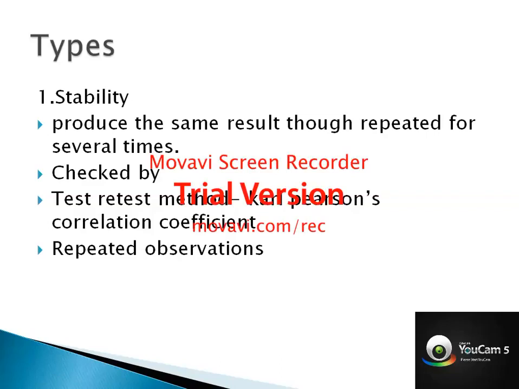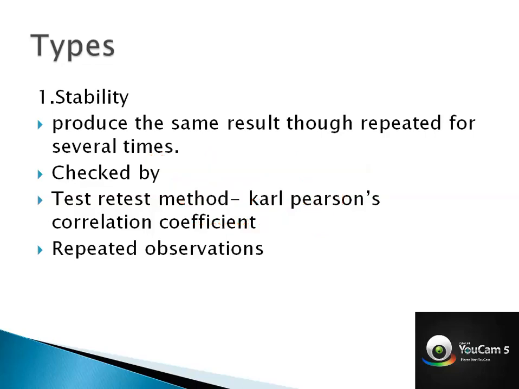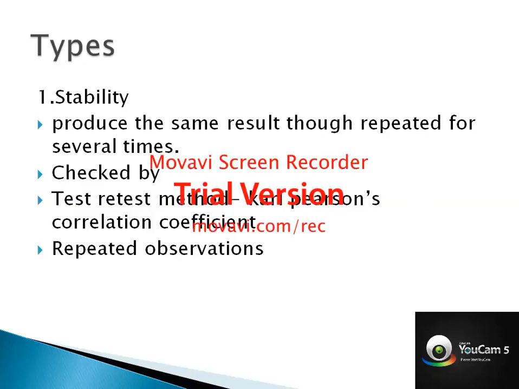The next one is repeated observations. If you are using an observation method, such as an observation checklist or rating scale, you have to repeat it once or twice, compare the observations, and check whether your instrument is a stable one or not.